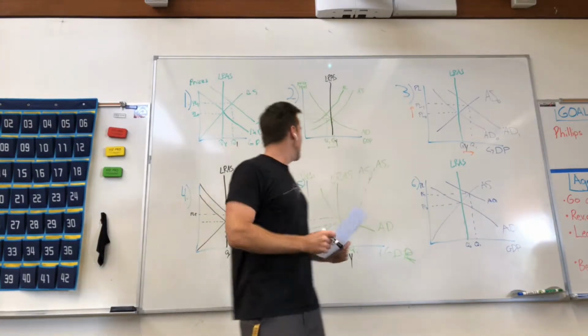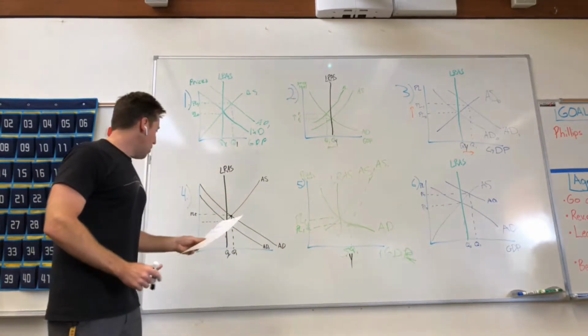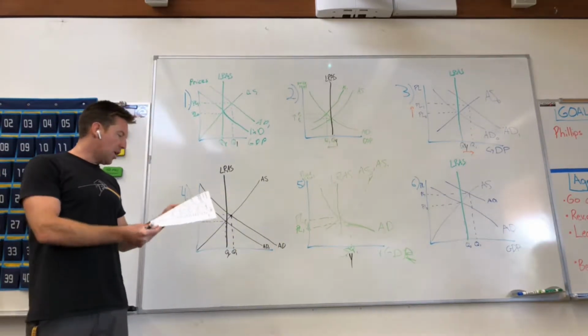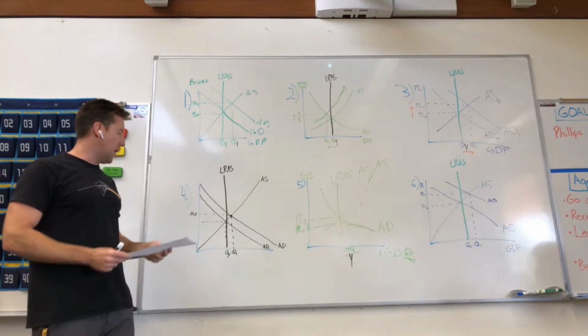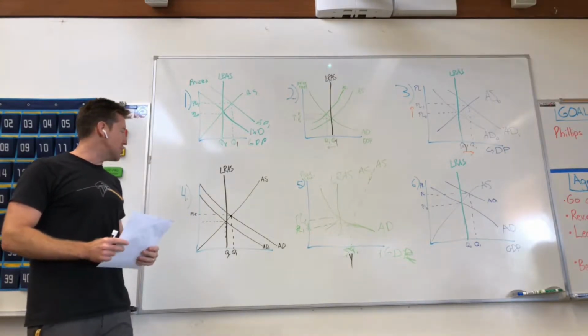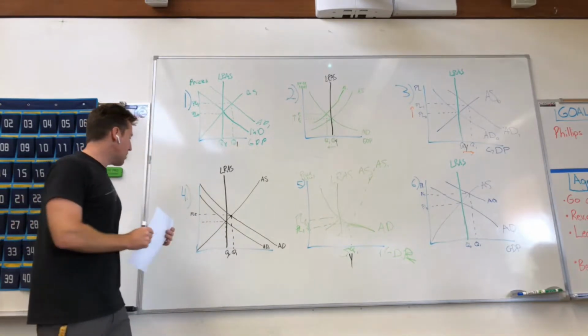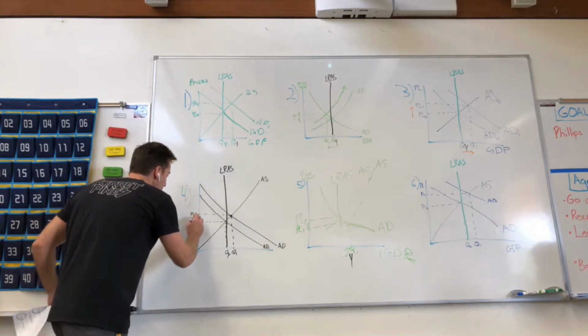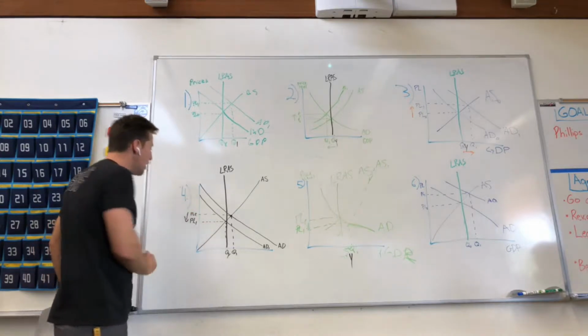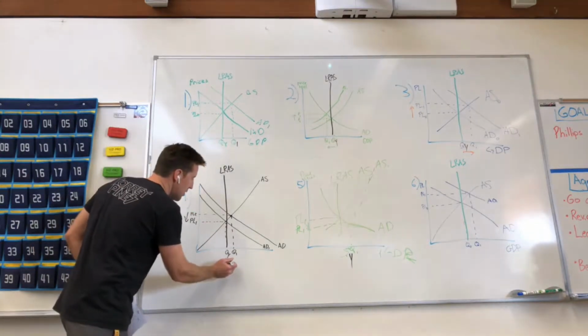Nice work, homie. Number four, we had a cut in federal spending for healthcare. So that's a decrease in G, government spending. Aggregate demand shifted to the left. Price level dropped from PLE to PL1, and quantity.